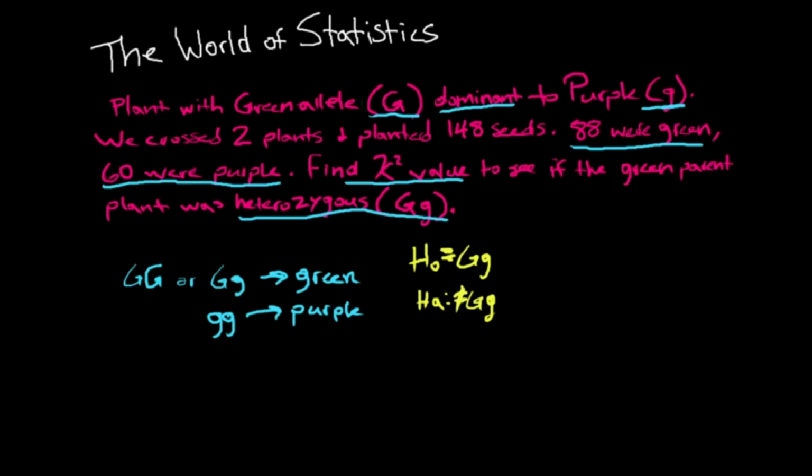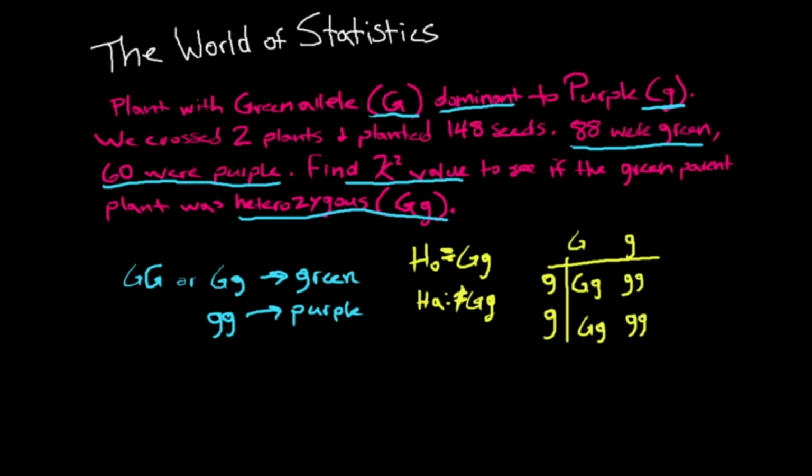Where do we start? Well, let's start by making the allele table. We know that a parent can be a G like this, and we know that it would be lowercase to get a purple. So we have GG here, we have Gg this way, and we have upper and lower, and then again we have lower and lower.